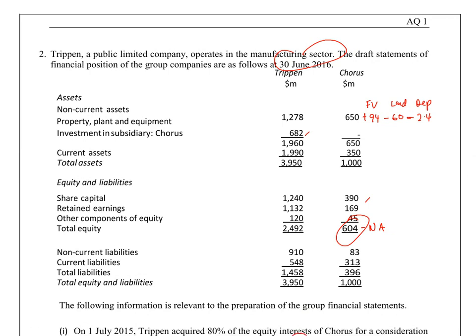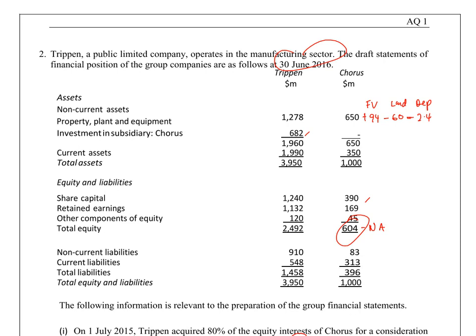Question: is this the whole subsidiary, 100%? I'm not saying how much I own. This is my book, all my assets, all my liabilities, all my equity. This subsidiary's all the assets, all the liabilities, all the equity, is it 100%? Yes, all. So this is 100%, 604.